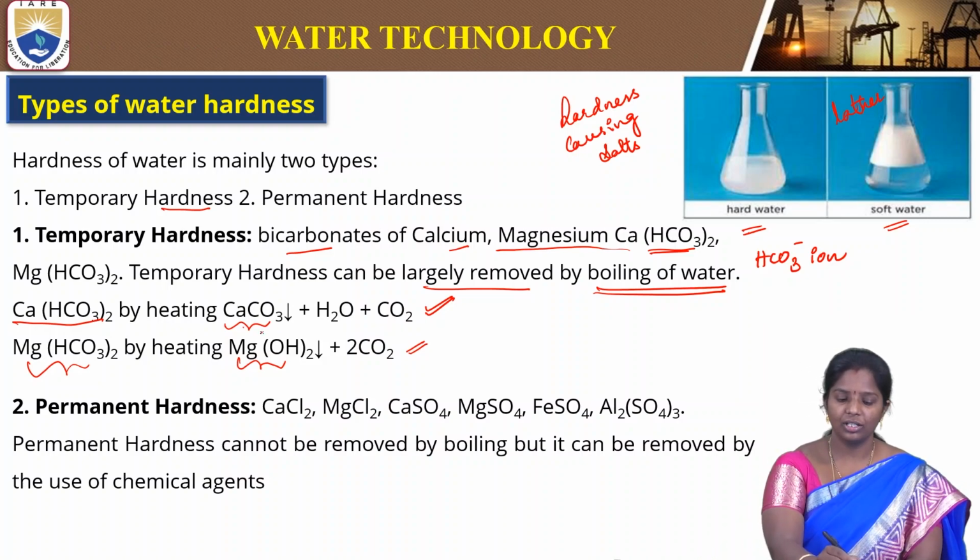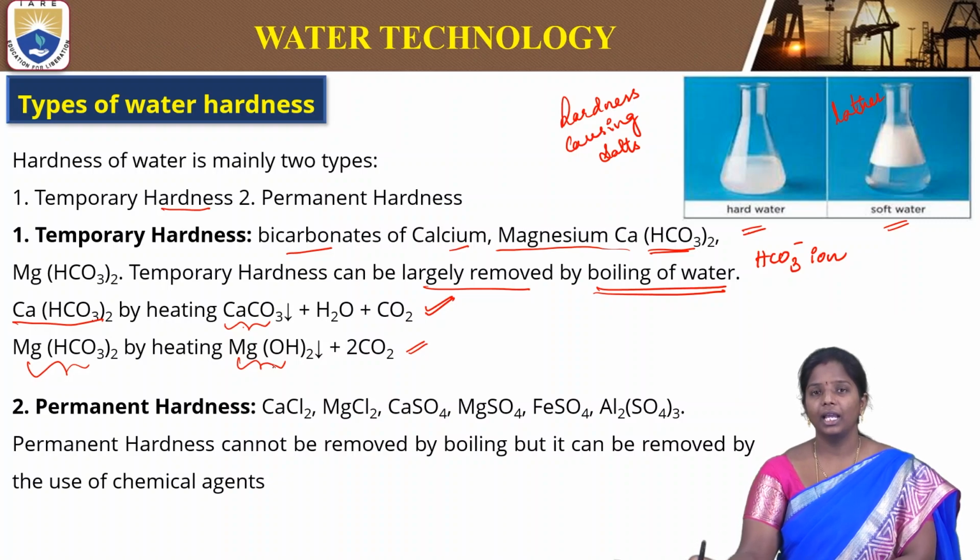The calcium carbonate and magnesium hydroxide can be removed by filtration. This is one way in which temporary hardness can be removed, by precipitating and filtering it.